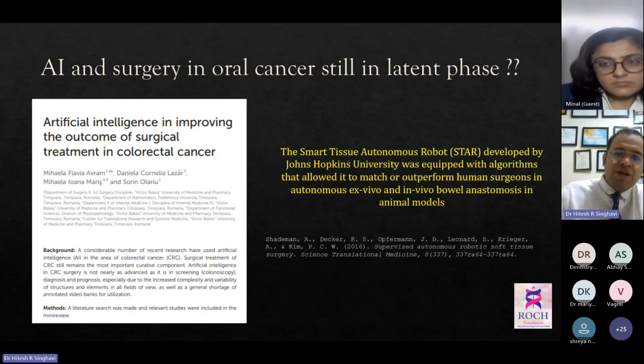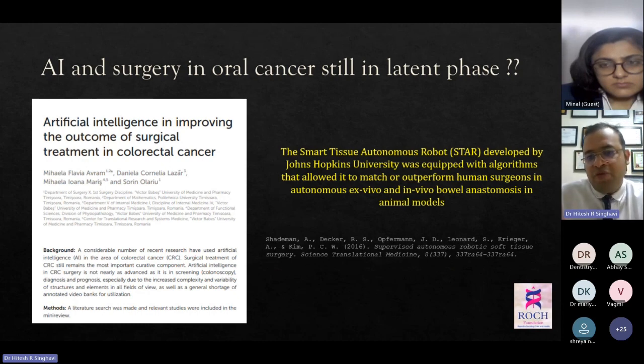Of course, a lot of caveats to it, because the same procedure was performed in 57 minutes as compared to the human surgeons who did that in 2 minutes. But the precision and the outcome was better for STAR, the Smart Tissue Autonomous Robot, as compared to humans. That means there's a potential if a lot of data is fed to the algorithm of AI.